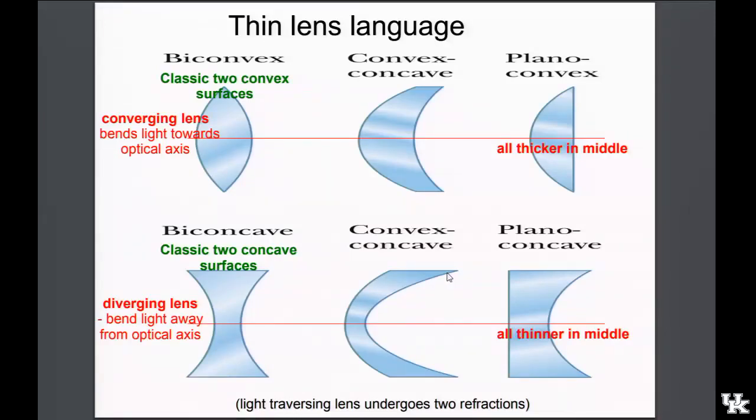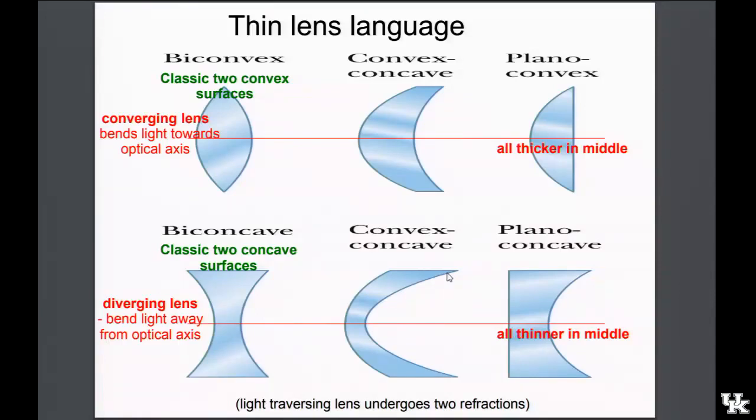A diverging lens, when light passes through it, means the light is diverged, bent away from the optical axis. So those are the two types of lenses, converging and diverging lenses, just like converging and diverging mirrors. The classic converging lens looks like this. It's wide in the middle, in the center, and it's thin on the outside.